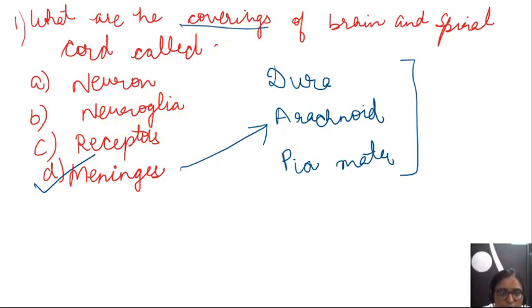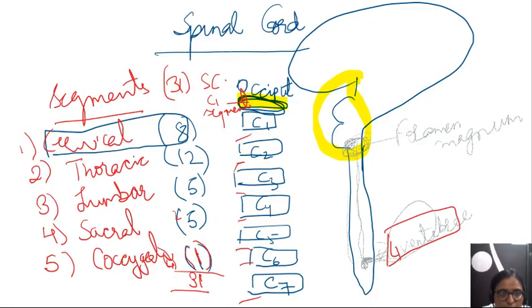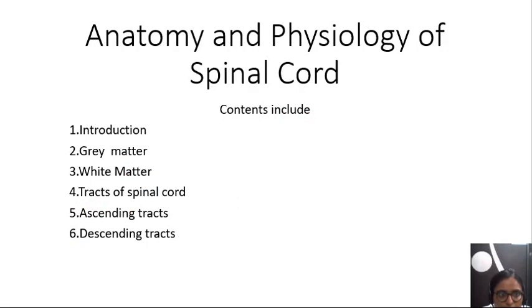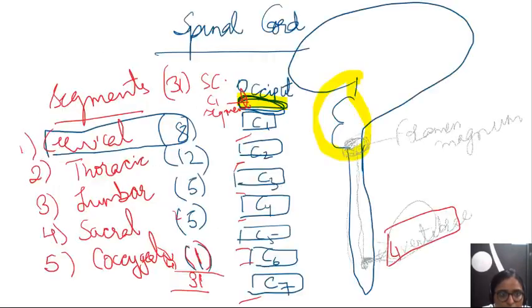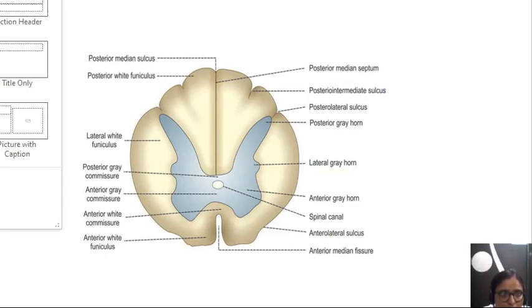We have discussed the terms you may come across while studying the anatomy of the spinal cord. So today we will discuss the spinal cord. First of all, I'll show you the structure of the spinal cord.